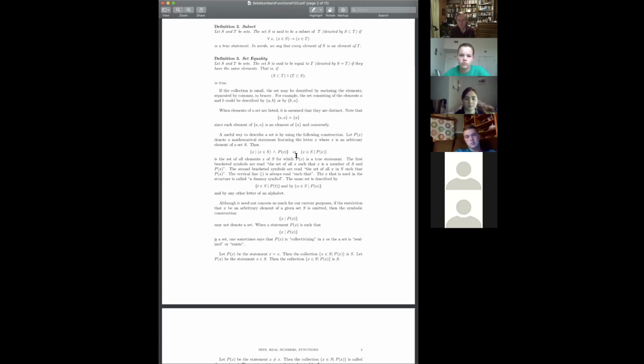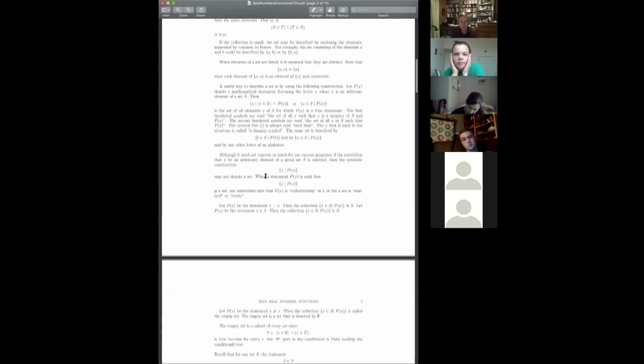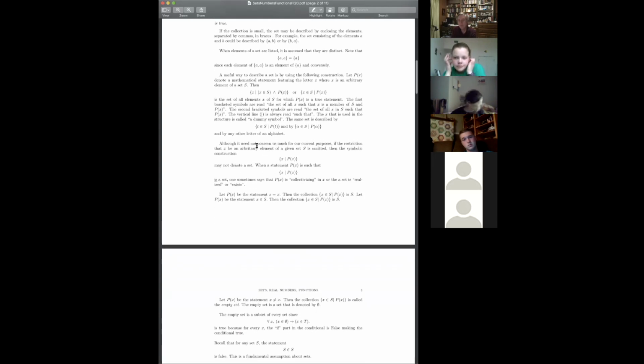Or sometimes we collapse this a little bit and say the set of all things X is a member of S such that P of X. So we might be saying the set of all numbers greater than 4. And P of X would be X is a number greater than 4. Okay? So I go ahead and explain some more, and I tell you in words here what I just said in my voice.